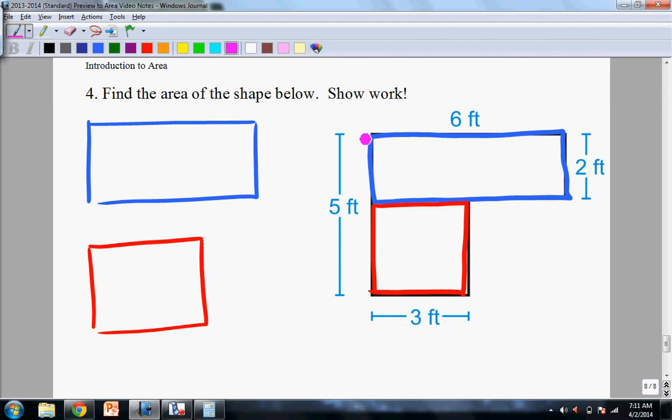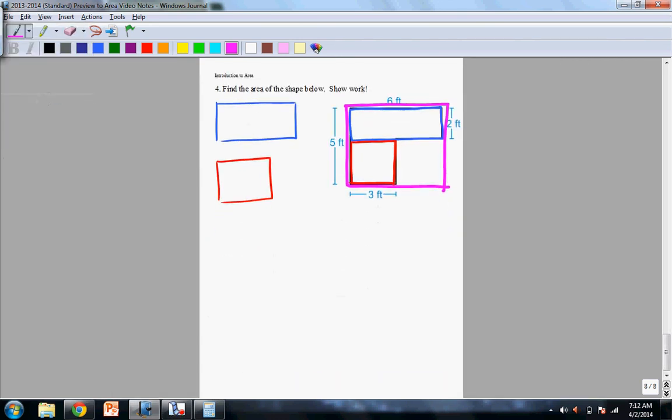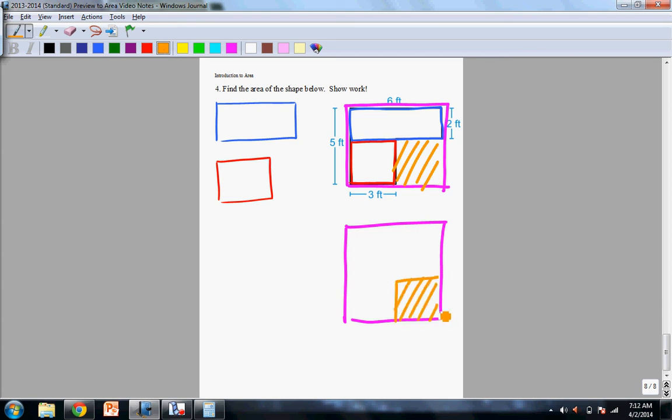Or you could have seen it as one giant rectangle, in which you find what we call the negative space, and then you just bite out this negative space. So that's the couple ways you can look at this. Both are going to get you the same answer.